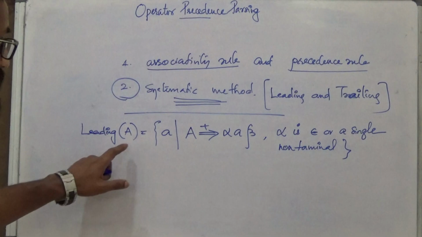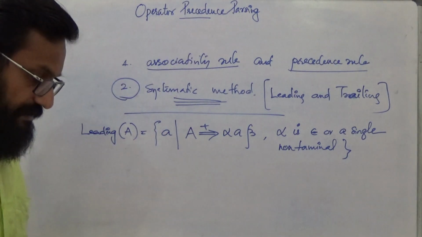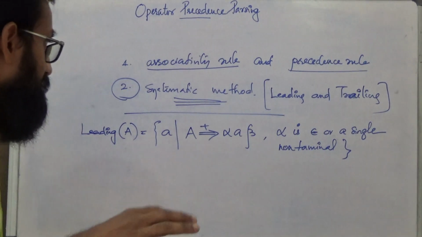So here leading of A is actually the set of terminal symbols that lead the sentential forms derivable from A. That is the informal description.